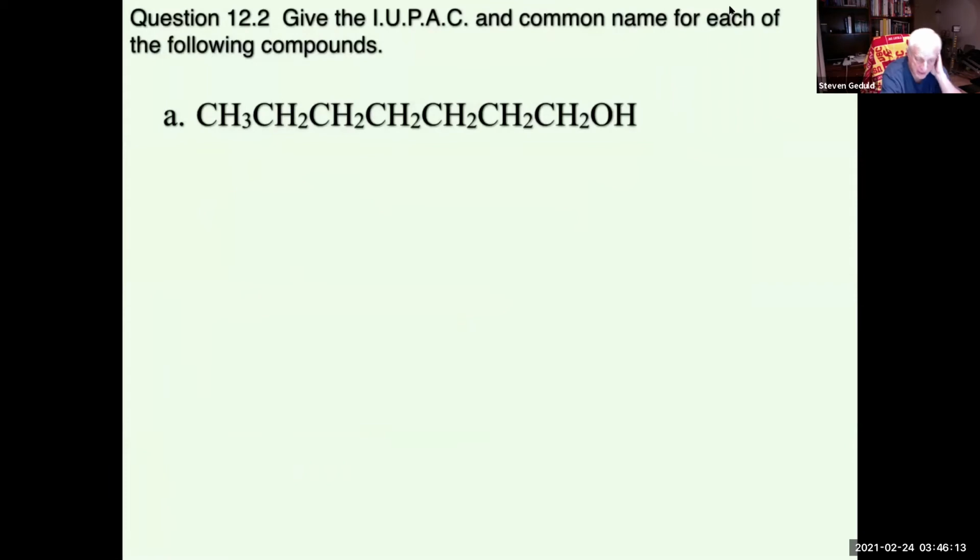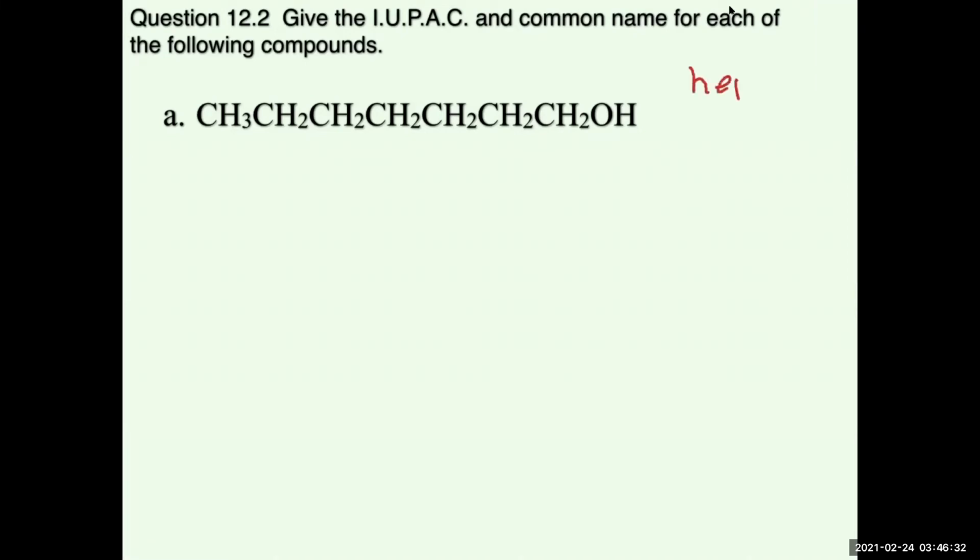Give the IUPAC name and the common name for each of the following compounds. Okay, how many carbons? A bunch. I count, anyone else count 7? Okay, 7 carbons. So 7 carbons is? Heptane. Heptanol, right?